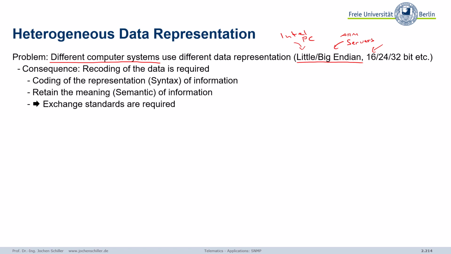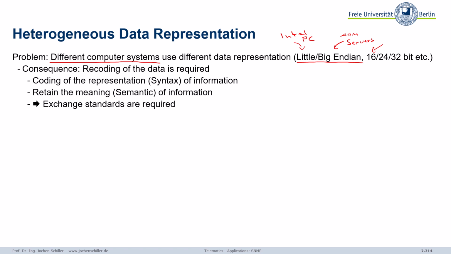But the point is, we have different data representations, and the problem is if you store it in this internal proprietary format, we have to recode the data to collect it, because otherwise we don't know what it means. So we have to define how we code it, in a way that we retain the meaning, the semantics.